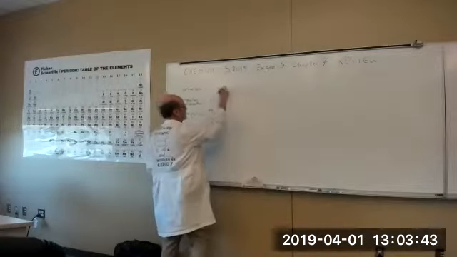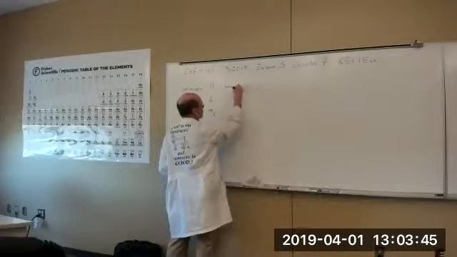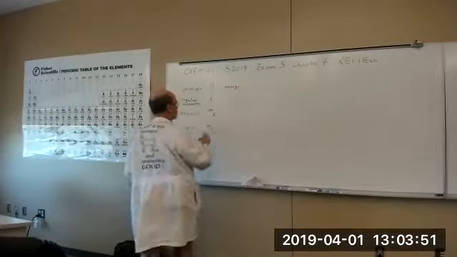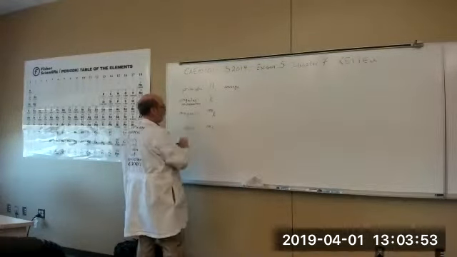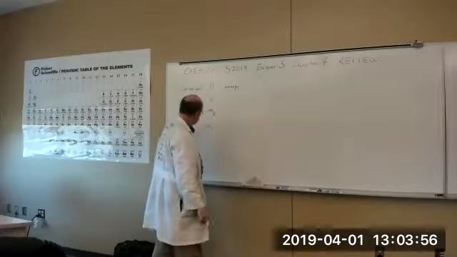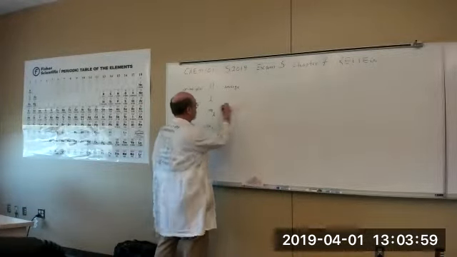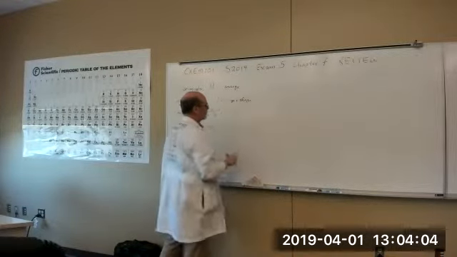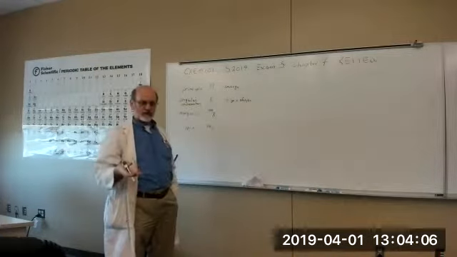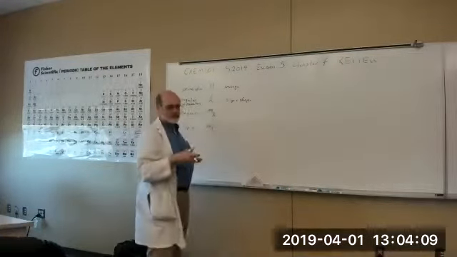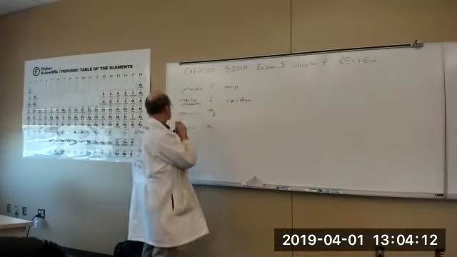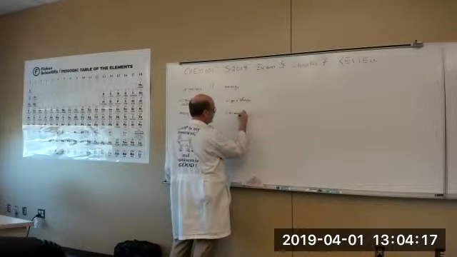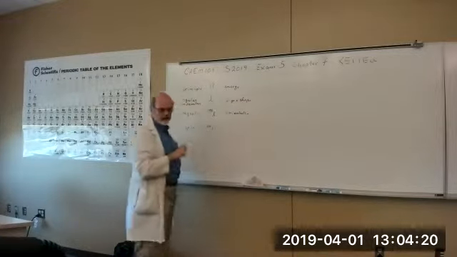This one refers to the energy. That's why we can use n in our calculations of energy. That's what it's for. Angular momentum refers to size and shape of the orbital. So s orbitals are spherical. P orbitals are kind of dumbbell shaped. Magnetic refers to orientation. What direction is it pointing?